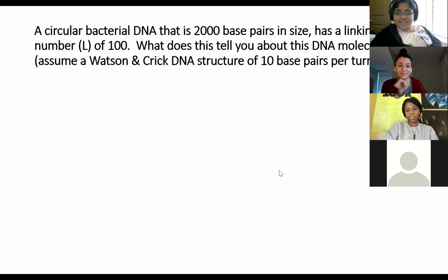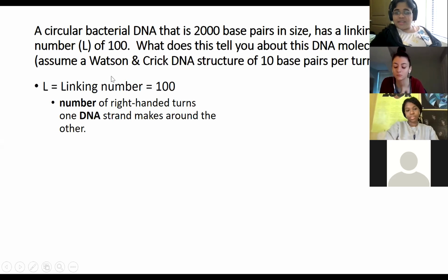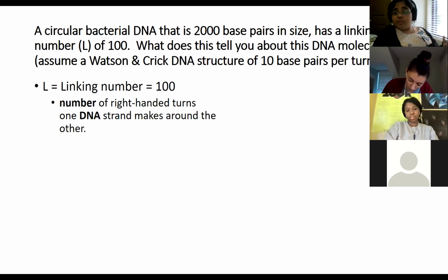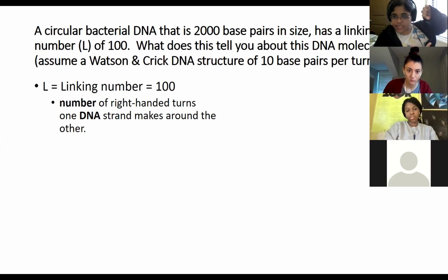Okay, so linking number is essentially a term that gives you the number of right-handed turns one of the strands of the DNA makes around the other. So in this case, you have 100 right-handed turns of one DNA strand around the other.